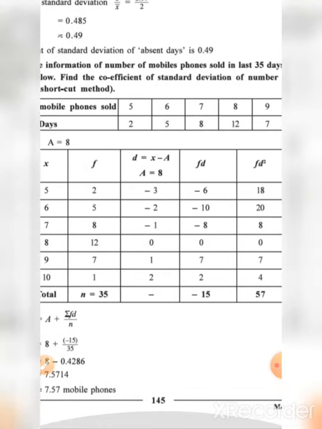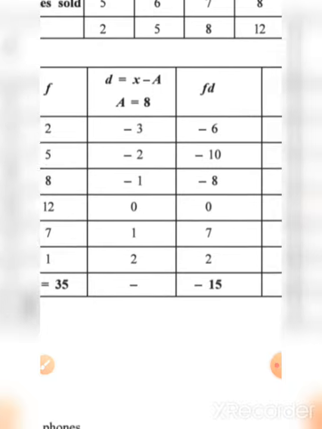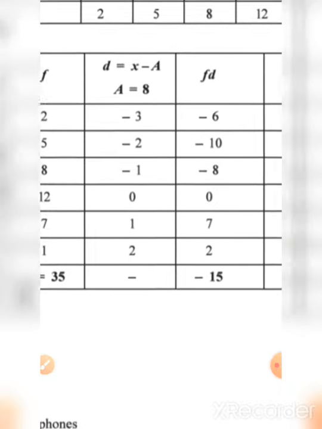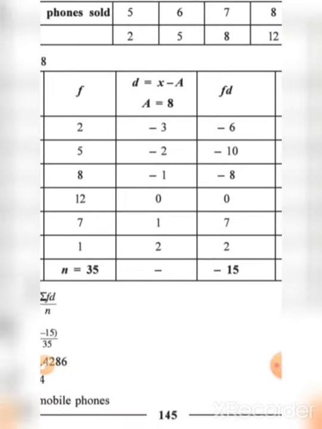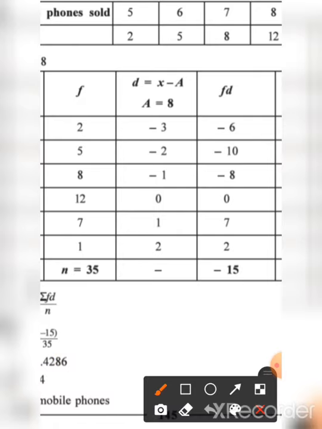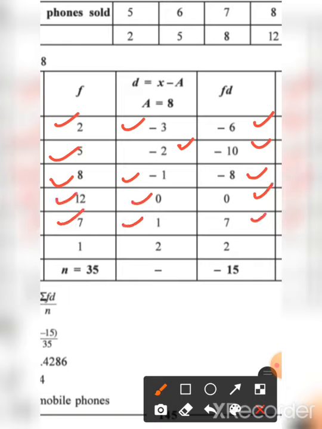Now comes the column of fidi. While we talk about fidi, what we need to do is just multiply fi and di. So 2 threes are 6, plus minus minus, 5 twos are 10, again plus minus minus, 8 ones are 8, plus minus minus, 12 zeros are 0, then 7 ones are 7, and 1 two is 2.